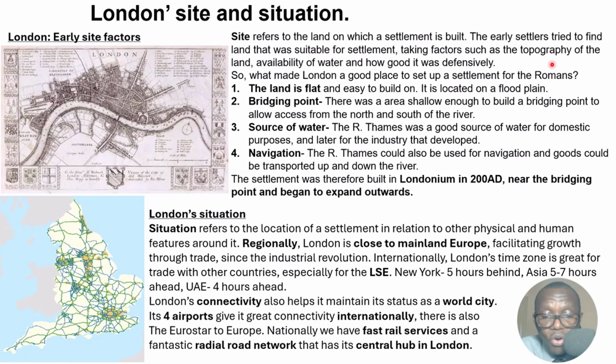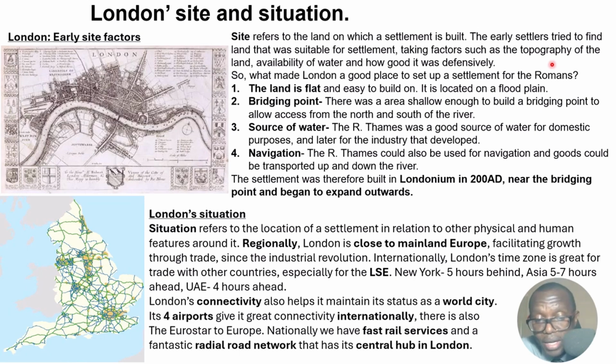Then we also have connectivity, and that also helps maintain London's status as a world city. Now, as we saw in the challenges of an urbanizing world topic, a world city is one that has influence economically and politically around the world. And London has 4 airports, which gives it great connectivity.